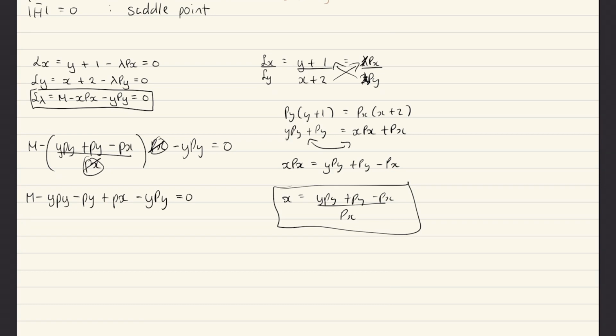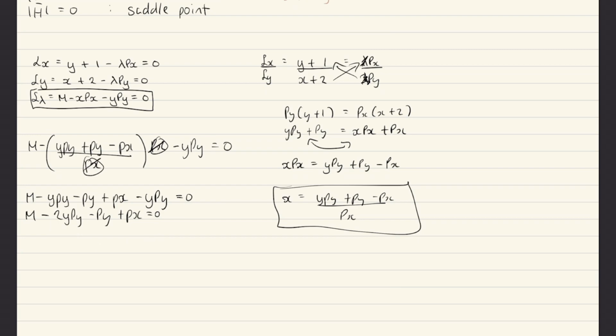And then here we're just trying to find pretty much y star. Because we don't have an x here, it would become m minus 2y py minus py plus px equals 0. And because we want to isolate y, we can just bring this to the other side.